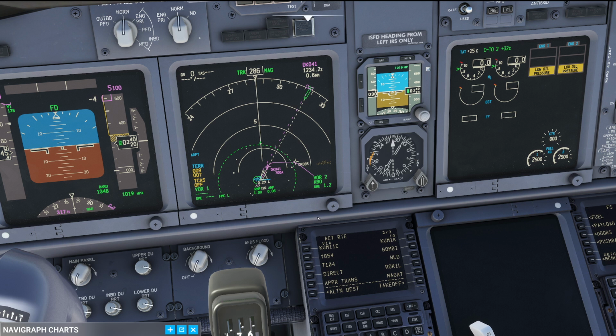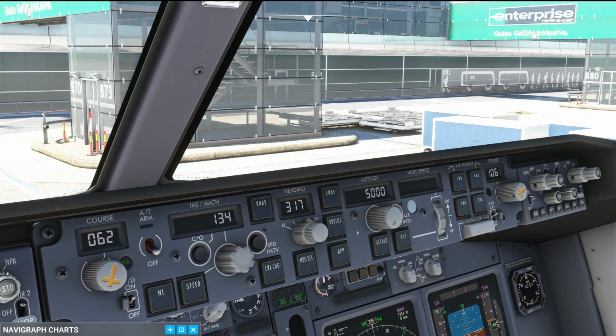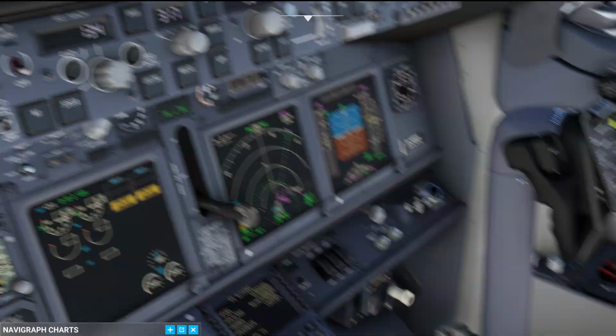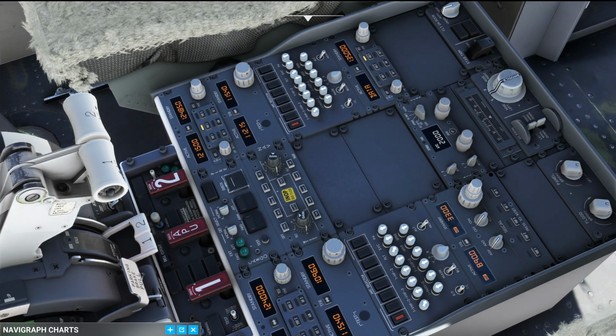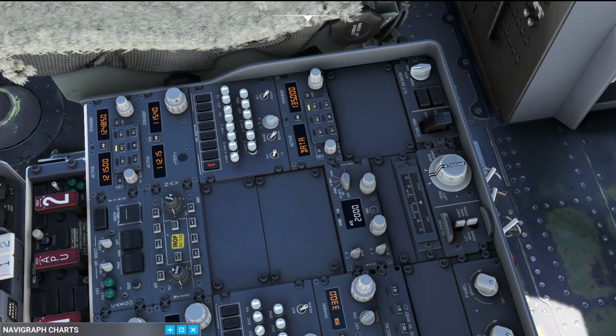And in any case, if the controller gives you a different altitude than what is in the chart, then the controller's clearance takes precedence. So in this case, climb altitude 5,000 feet, we're going to dial this into the mode control panel. Squawk 1234. Then we're going to insert 1, 2, 3, 4 into the transponder.